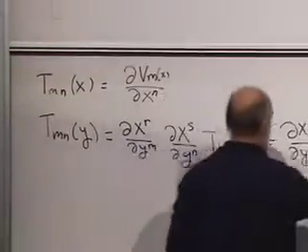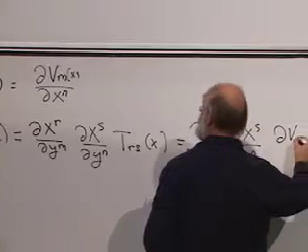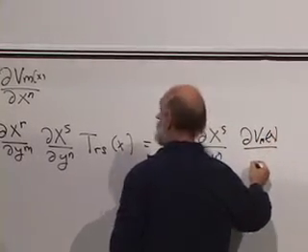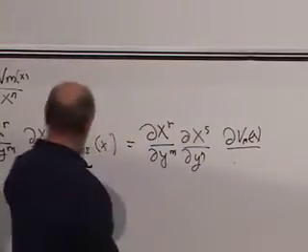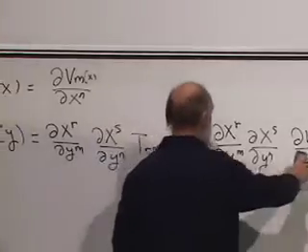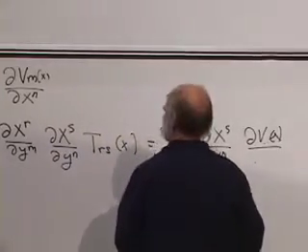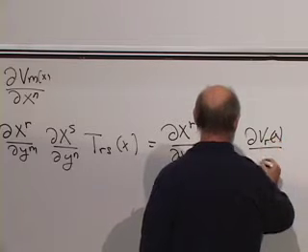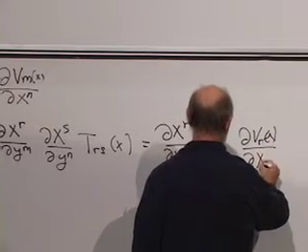Excuse me, I want T_rs, so that's dV^r by dx^s.